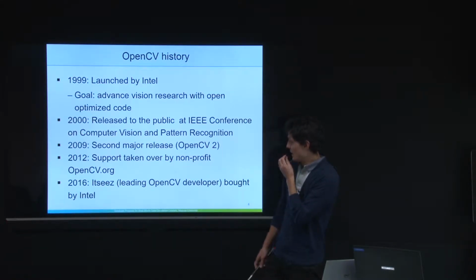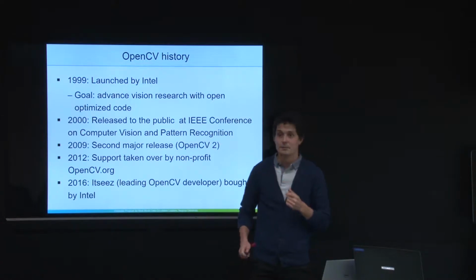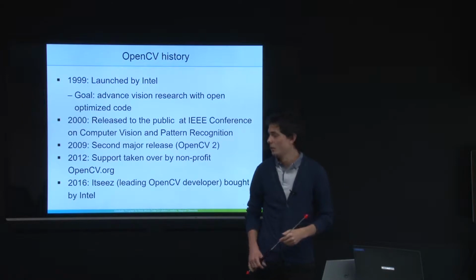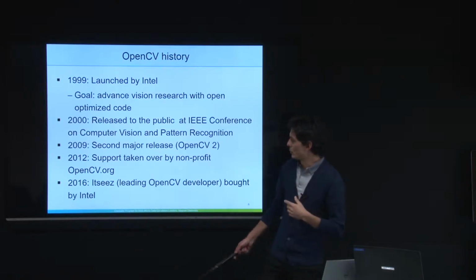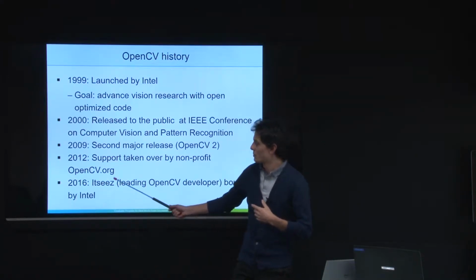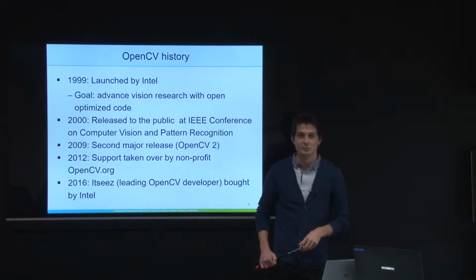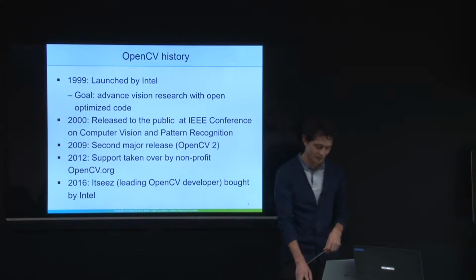Then in 2012 it was taken over entirely by OpenCV.org for all of the support and so on. But interestingly, they've gone full circle, because this group, who do most of the development, have been purchased by Intel just recently. So Intel's back in control.